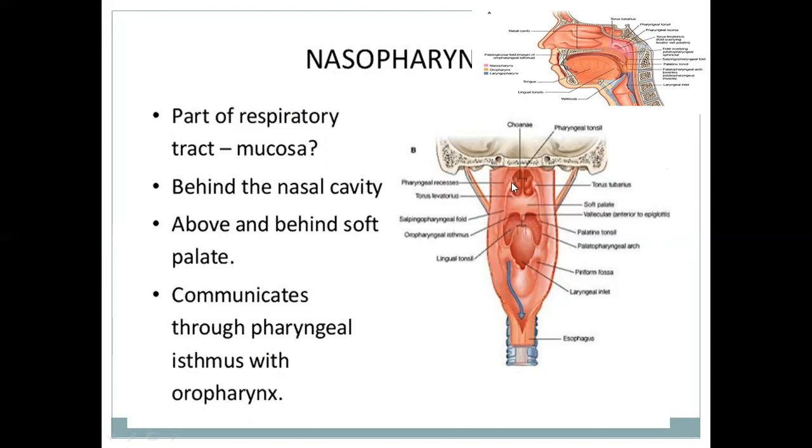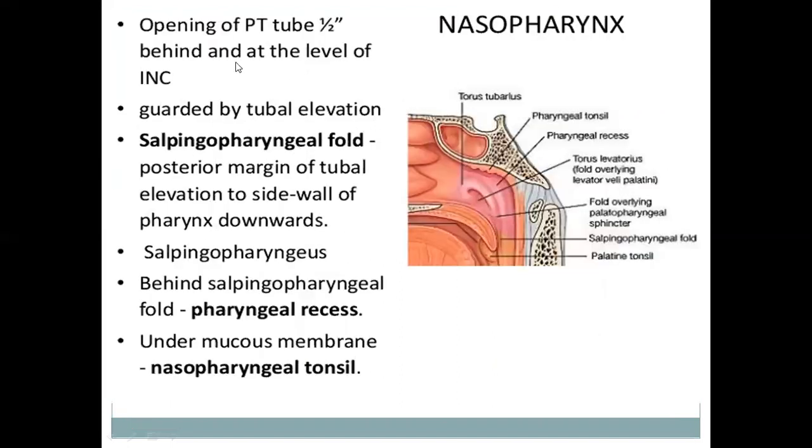And the pharyngotympanic tubes enter on the lateral wall of the nasopharynx, guarded by the tubal elevation. The salpingopharyngeal fold I already described. This is the fold of mucous membrane which covers the salpingopharyngeus muscle.